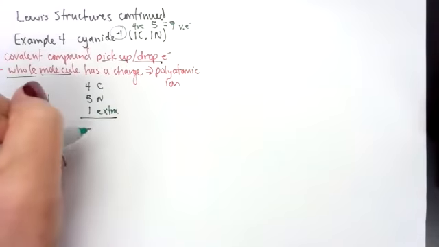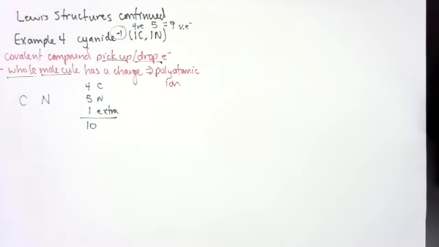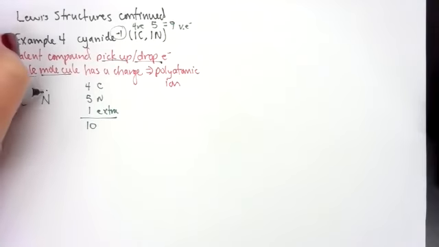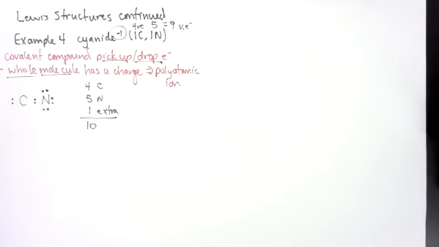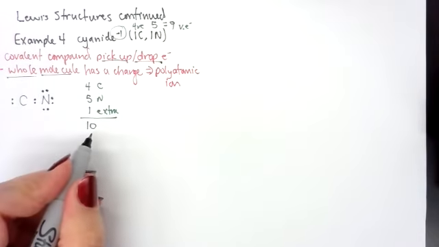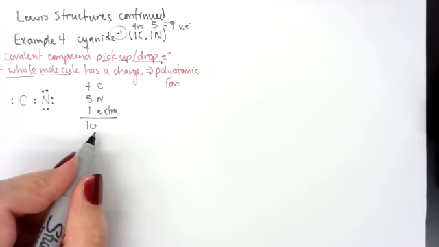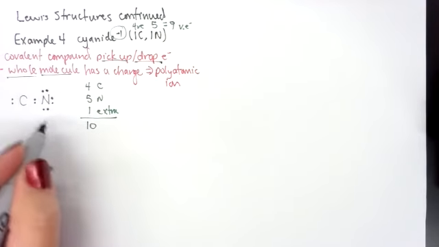So my total valence electrons here are 10. So let's go ahead and apply those. 2, 4, 6, 8, 10. Okay, so rule number 4 is satisfied where I have 10 valence electrons.